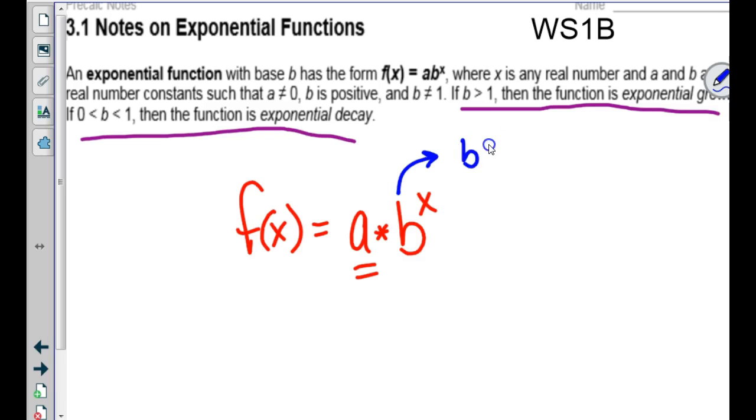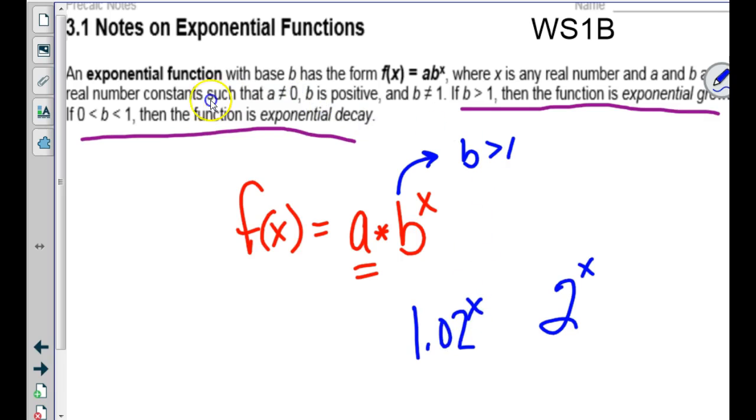If b is greater than 1, so we're multiplying by 2 over and over again, it's going to grow, right? Obviously. If we're multiplying by 1.02, is it going to grow? By what percent? 2%. Okay. So it might not be that quickly, but it's going to grow.